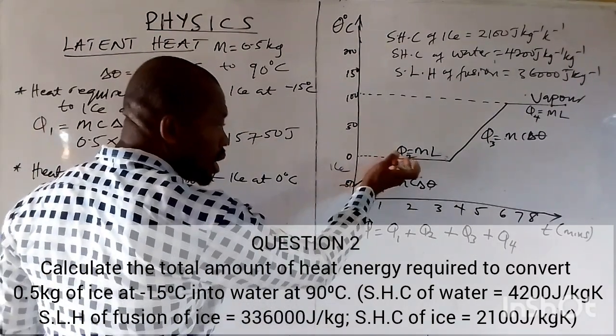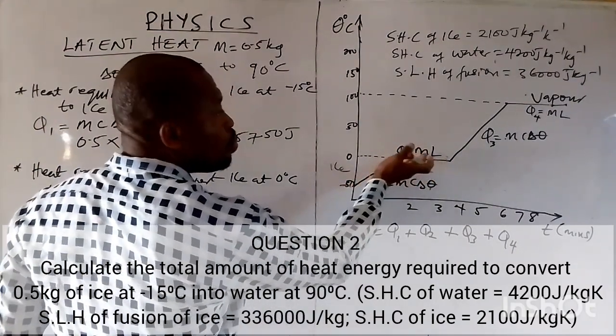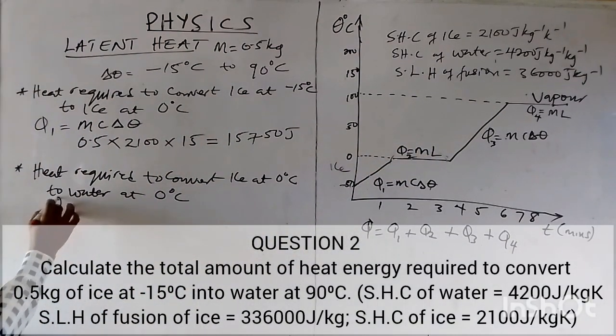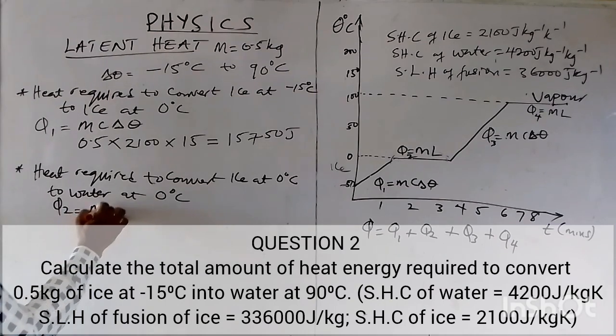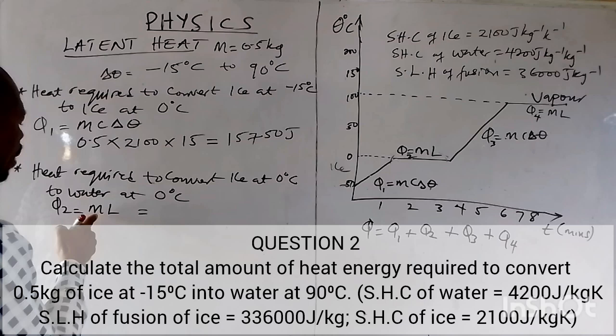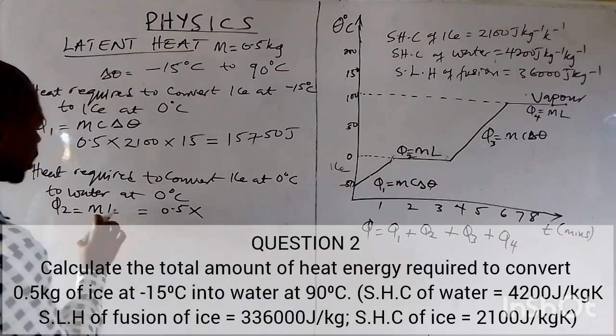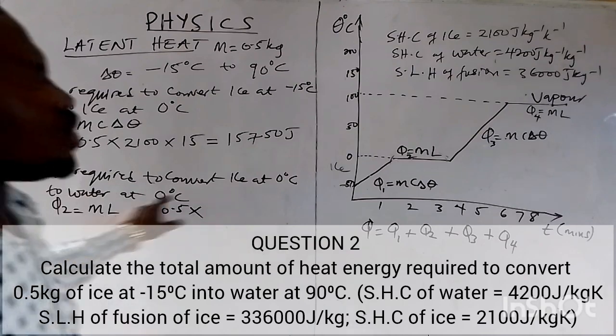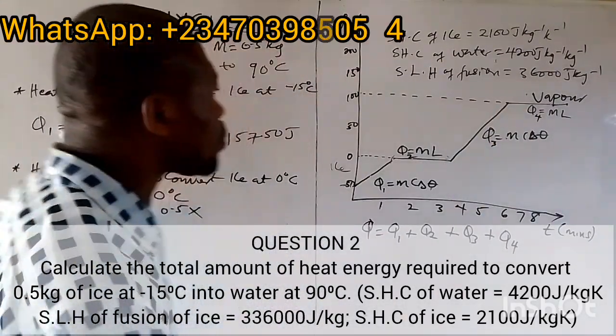From here, the melting process will begin. So Q2 equals mL. We will now have mass 0.5 times the specific latent heat of fusion of ice.